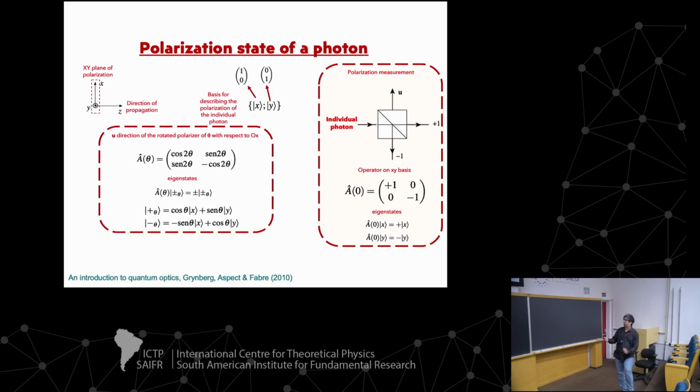But you can actually put some angle theta, and then you can just rotate your polarizer. And actually, your detector will detect this other function that will depend on the angle of your polarizer. And now the results plus and minus will be related with these different eigenvectors, okay? So you have some algebra of your polarizers and the state of the photon.